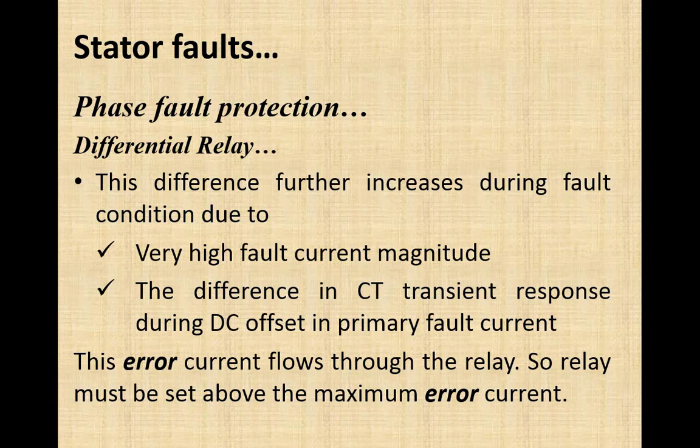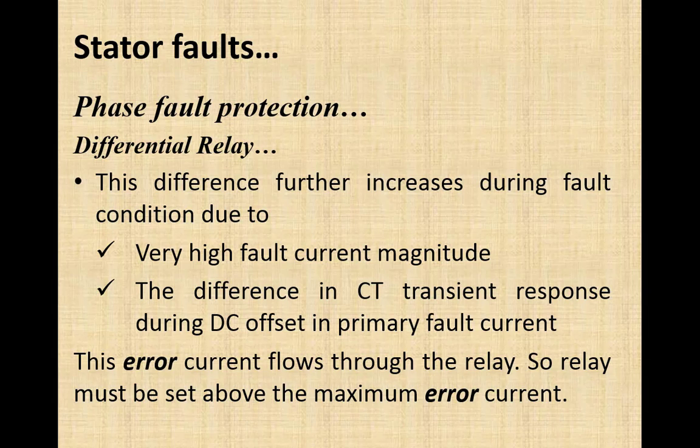So it means if this is the situation, then the pickup that we set in the previous case to 0.1 ampere, 0.2 ampere or 0.4 ampere should be greater than the maximum possible error current. For small motors and small fault currents, that is possible.